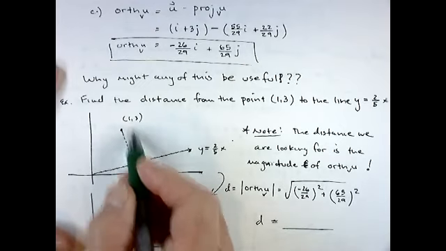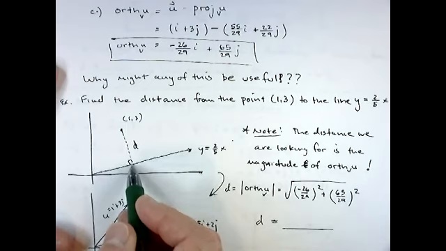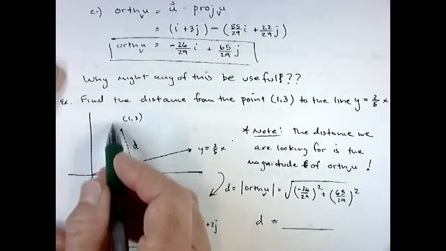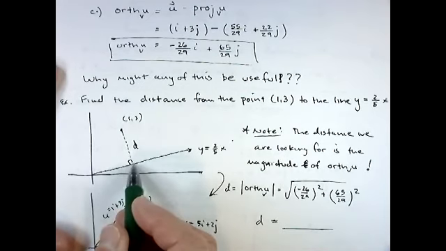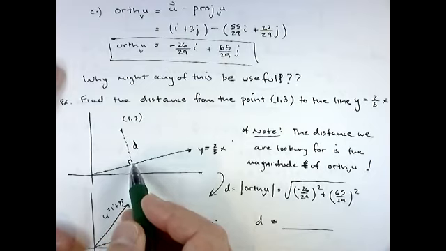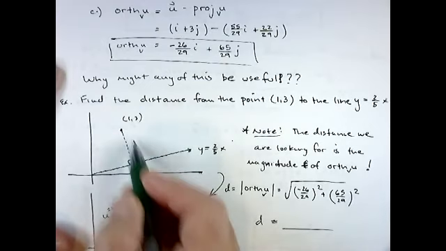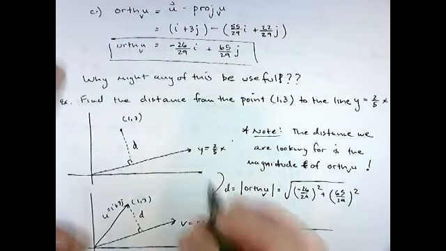Once you find that slope, you could write the equation of the line going through this point with a slope of -5/2. Once you get the equation of that line, you can find the intersection of this line with this line to find that point. And once you find that point, you could use the distance formula. So you can tell it would be a lot of work algebraically to find the distance.